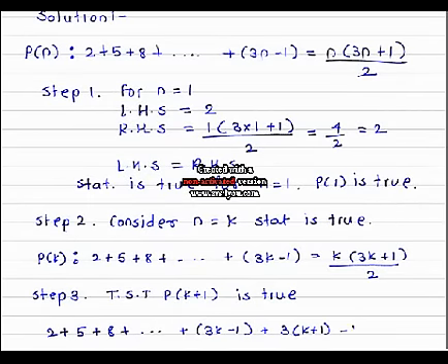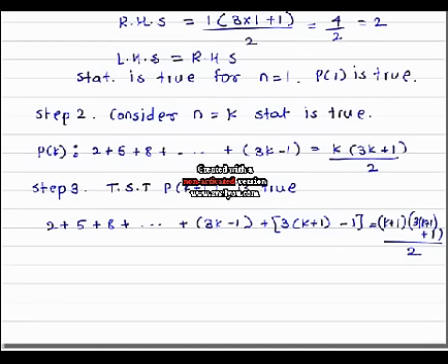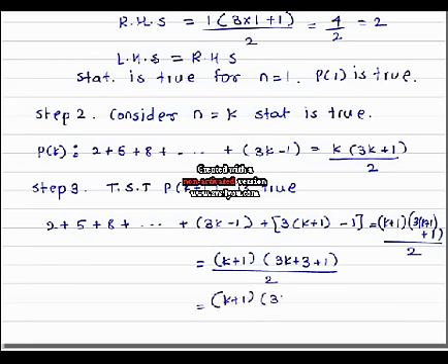By replacing k by k plus 1 in the RHS, we get (k plus 1)(3(k plus 1) plus 1) divided by 2, that is (k plus 1)(3k plus 3 plus 1) divided by 2, that is (k plus 1)(3k plus 4) divided by 2. This is what we require.